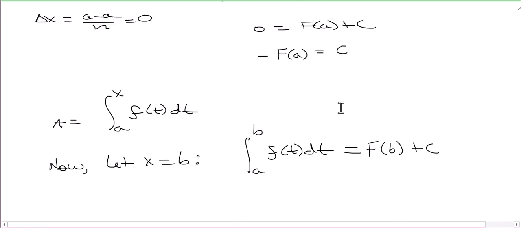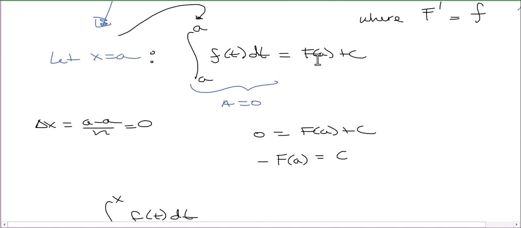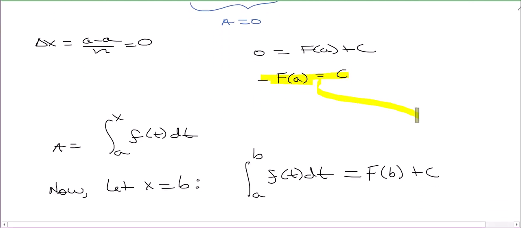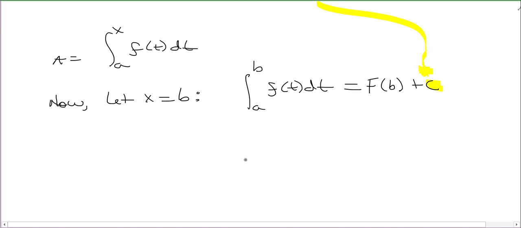But we're using the same function on the same interval, so we already know that c is equal to negative F of a. So let's use that here. I can say the integral from a to b of f of t dt is equal to F of b minus F of a.